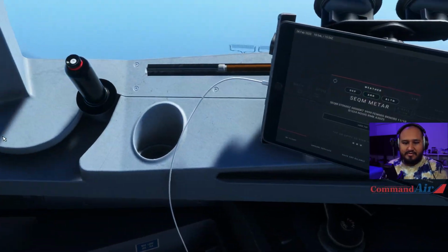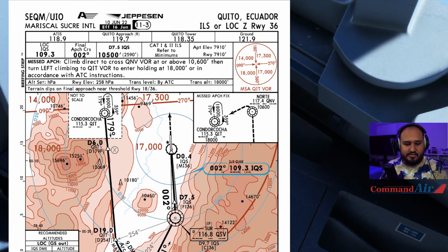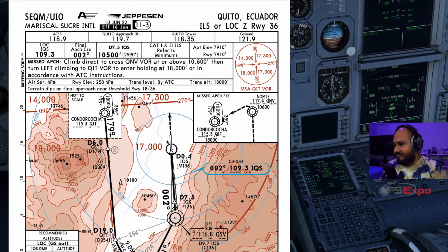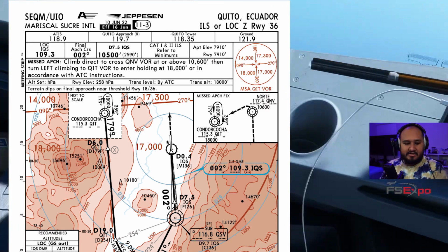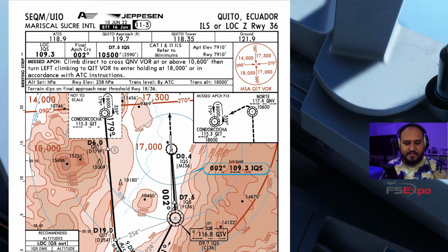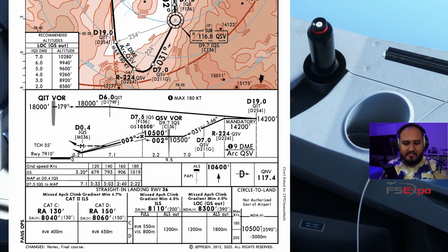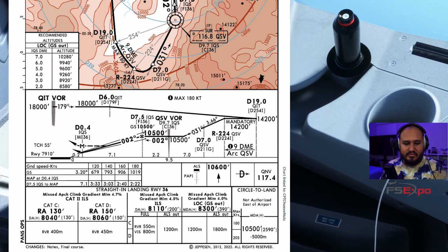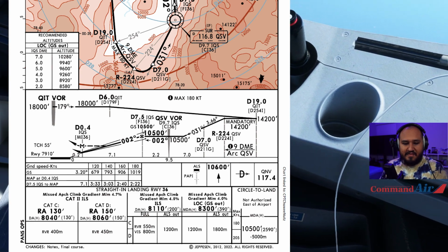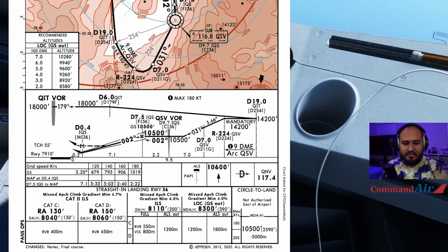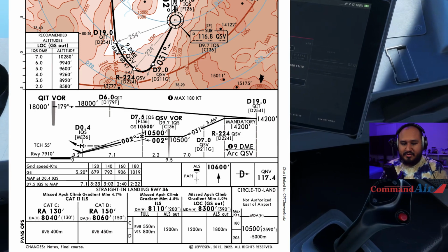All right, so we're gonna be doing ILS Zulu runway 36 and checking on the information for that. So the chart tells us that we are expecting to be at 10,500 in order to catch the glide slope.